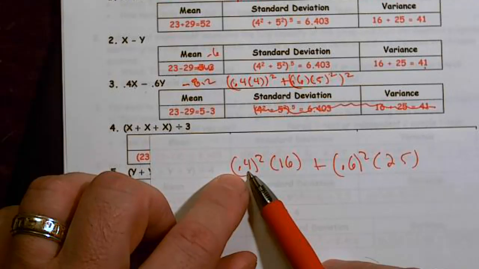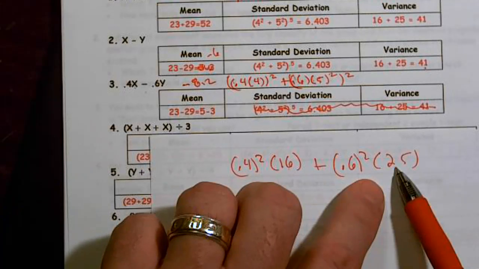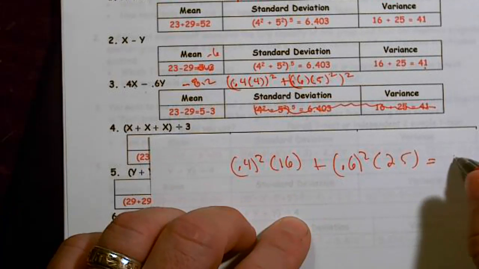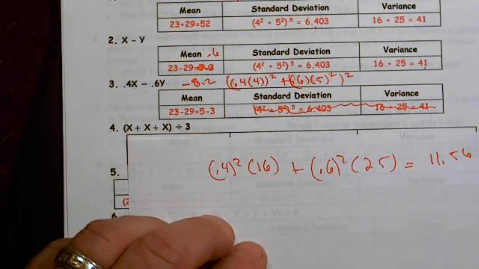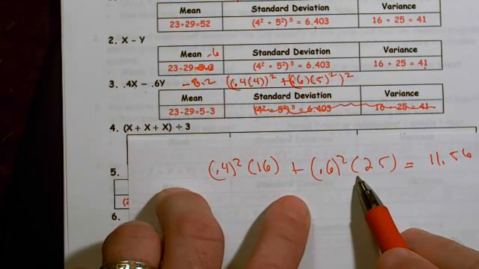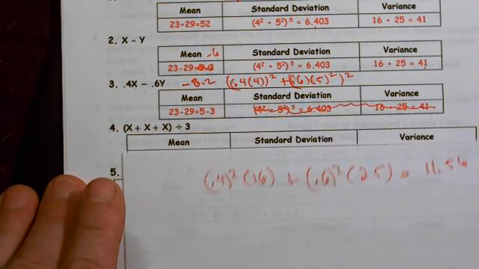So 0.4 squared times 16 plus 0.6 squared times 25. And when we do that, we end up getting 11.56. Remember, we don't have to square any of these parts because it's variance. You can sum those directly.